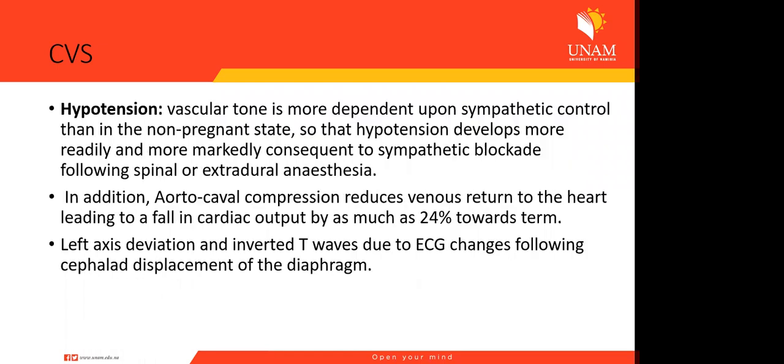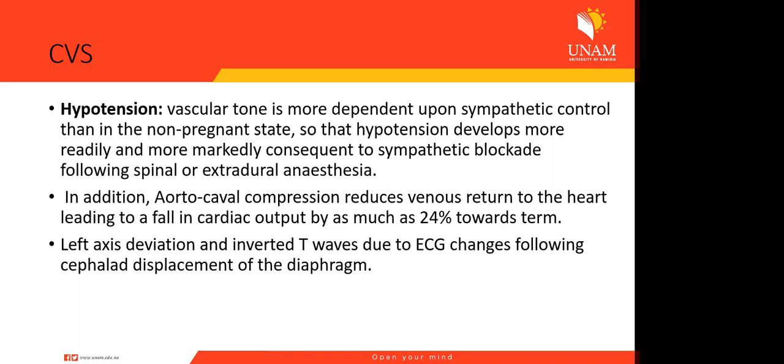All right, hypotension, systemic vascular resistance. Vascular tone is more dependent upon sympathetic control, and this is very important, and that's why spinal-induced hypotension becomes very marked during pregnancy. In addition, aortocaval compression, which tends to reduce venous return to the heart, may lead to a fall in cardiac output of as much as 24% at term.